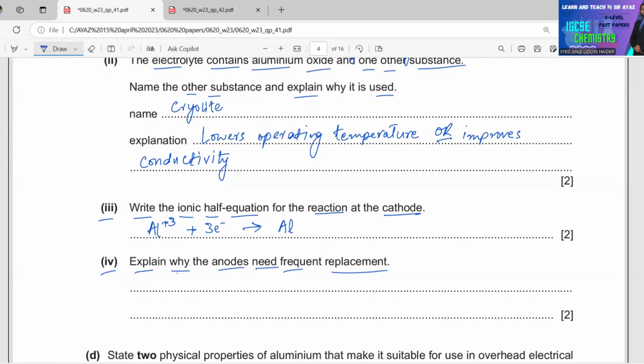So you write at anode, carbon reacts with oxygen to produce carbon dioxide.